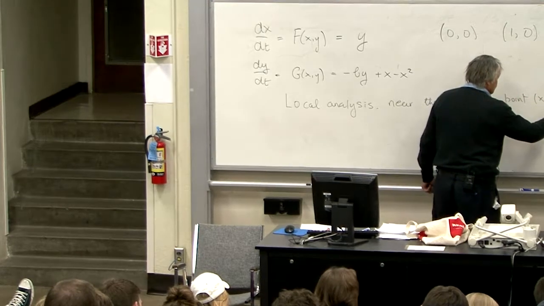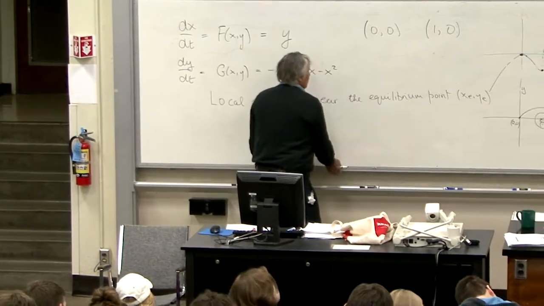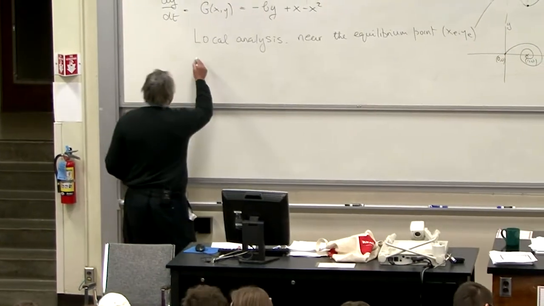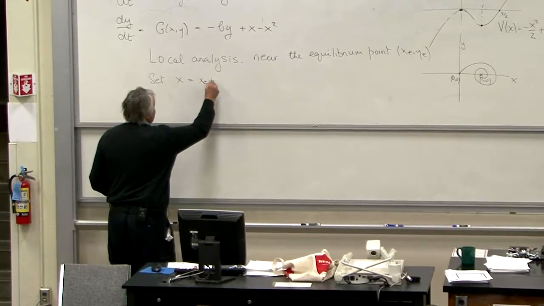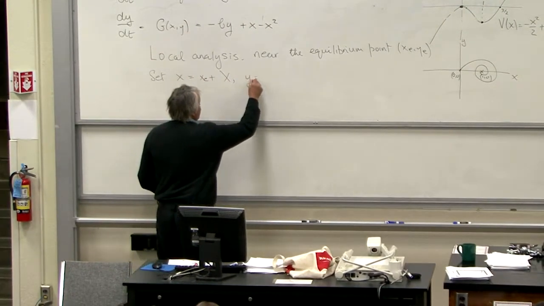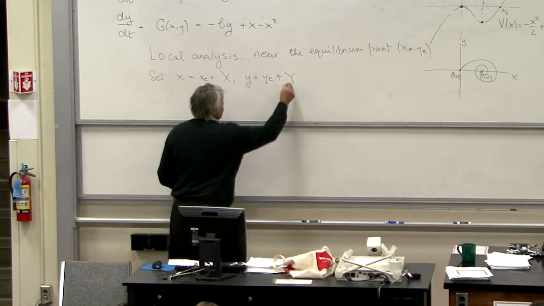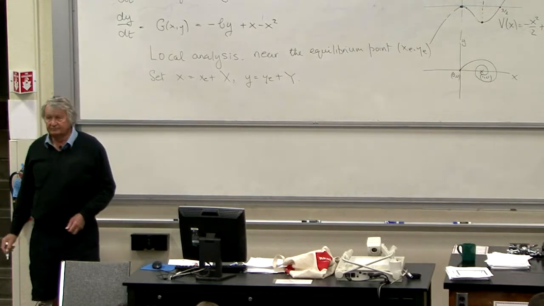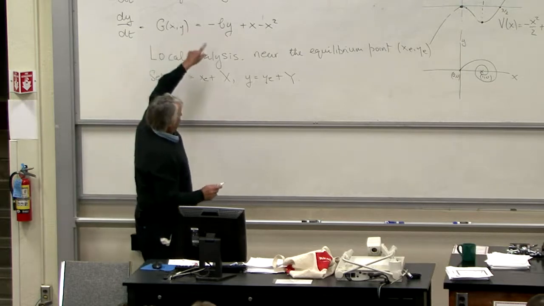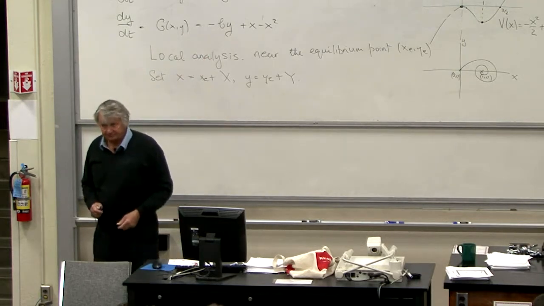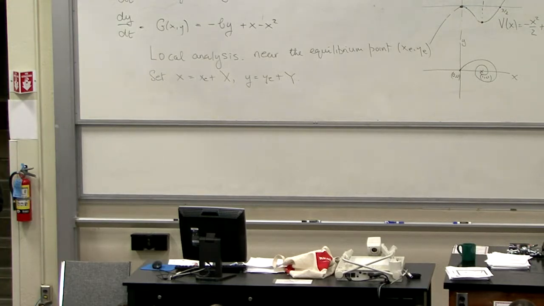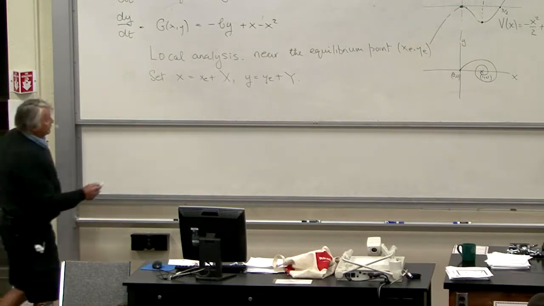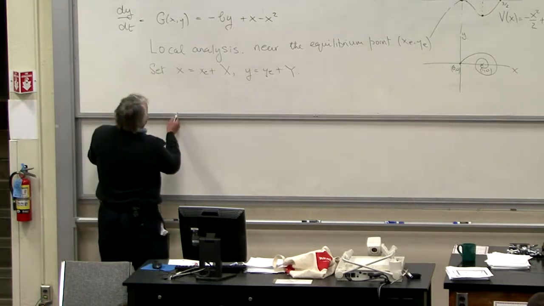XE, YE. So, you simply set x equal to XE plus capital X, and y is YE plus capital Y. You substitute that into the equations, and you neglect all terms which aren't linear in cap X, cap Y. So let's do it for our 0, 0 point here.